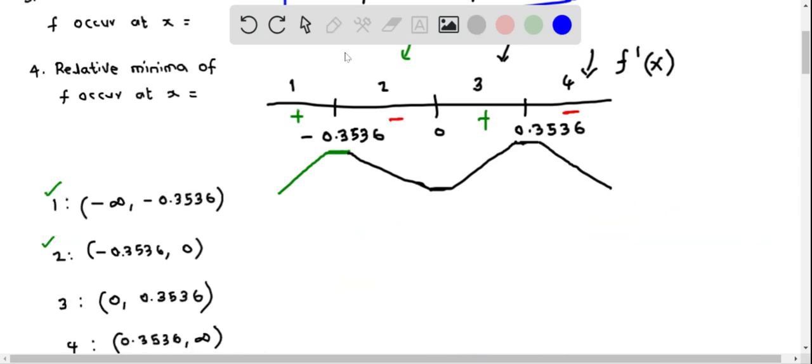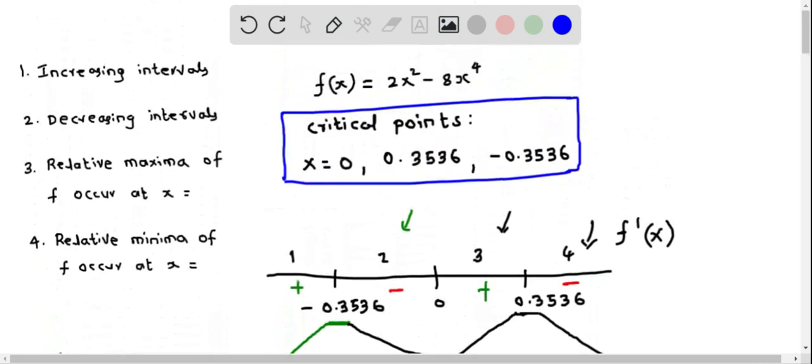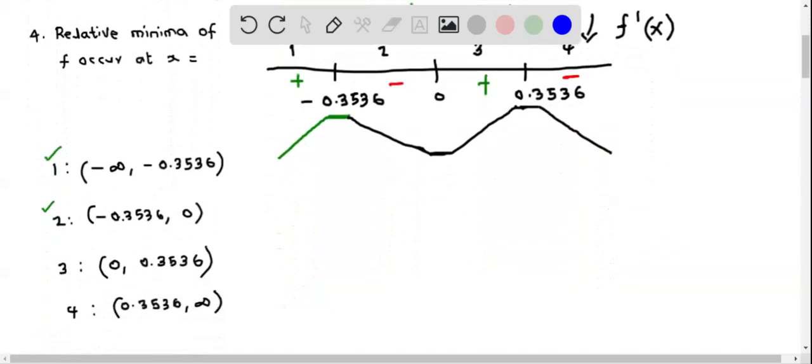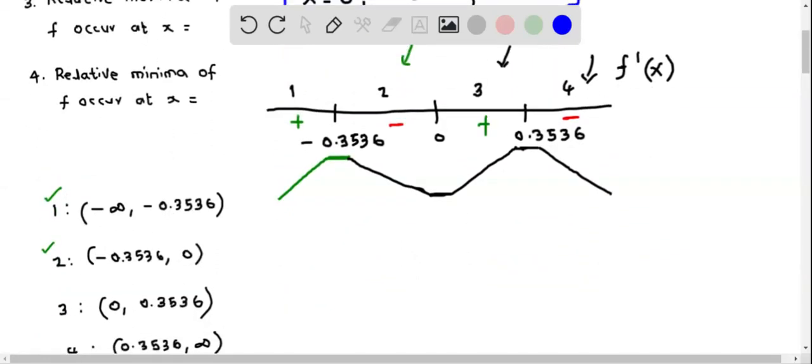Now that we have prepared the sign chart for the first derivative, we can easily determine the increasing intervals, decreasing intervals, as well as the relative maxima and minima. From this sign chart, the function is increasing in interval 1, from negative infinity to negative 0.3536, because it is positive, as well as in interval 3, from 0 to 0.3536.